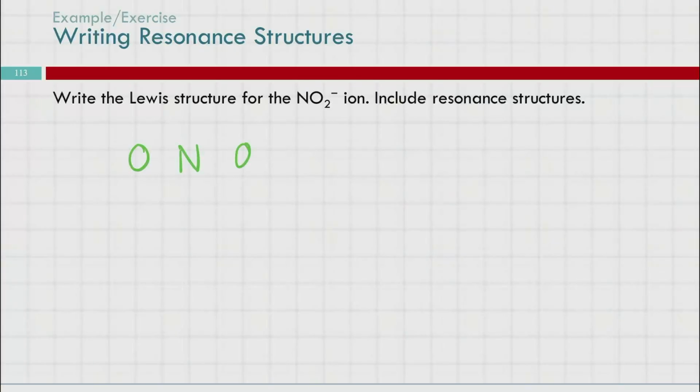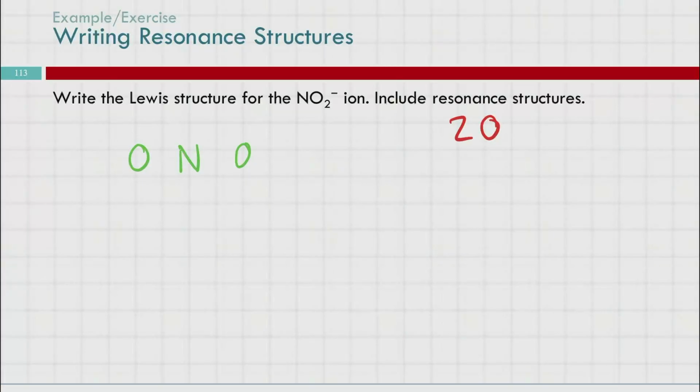All right, it looks like people are sort of wrapping up their structures, or they've given up. So, starting with our skeletal structure, I already drew it up here. Our skeletal structure is O N O. And then we're going to count up our valence electrons. If you screw up counting your valence electrons, you will be saying oh no, because you'll end up with an odd electron count. So we've got 2 oxygens.